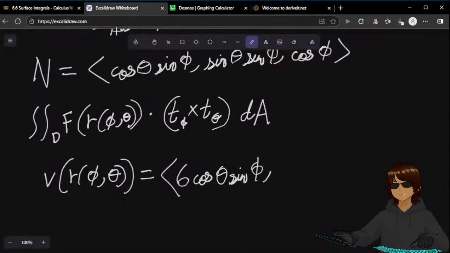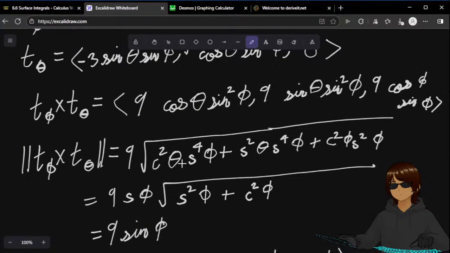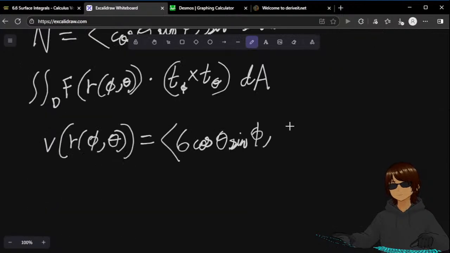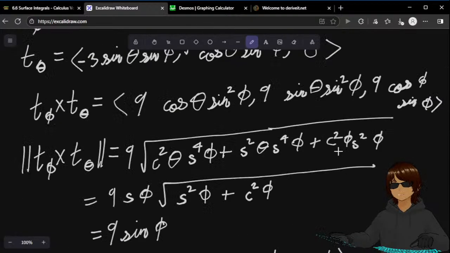Two y, 6 sine theta sine phi. And then just z, 3 cos phi.